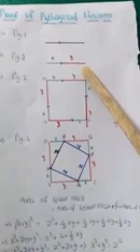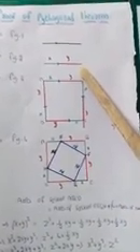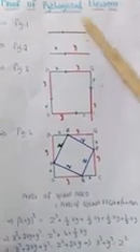Assume one part as x and the remaining part as y. For example, you draw this line segment with a measure of 6 centimeters. Then assume some part as 2 centimeters and the remaining part as 4 centimeters. That means x is 2 and y is 4.